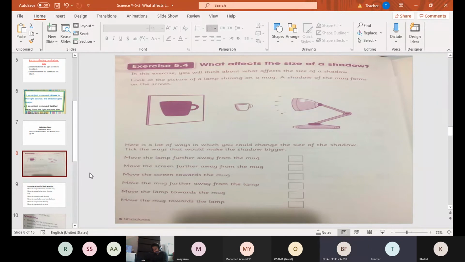Move the screen further away from the mug. Now they move the screen further away from the mug. It means the mug position is the same. So you can put your teddy bear or your object in the fixed position and you can change the position of the light. Tell me where you get the bigger shadow. Come on.